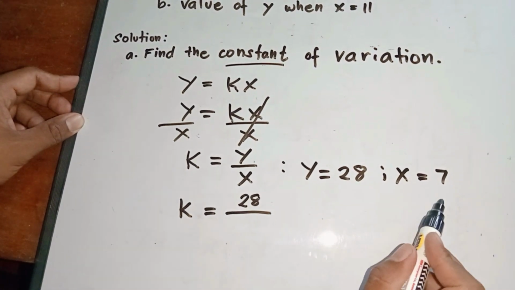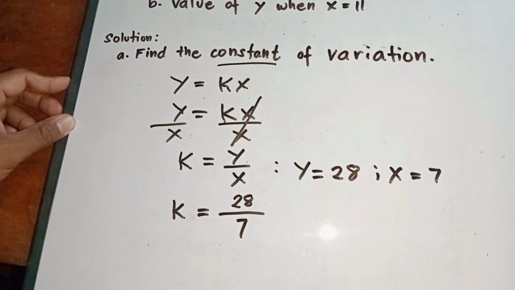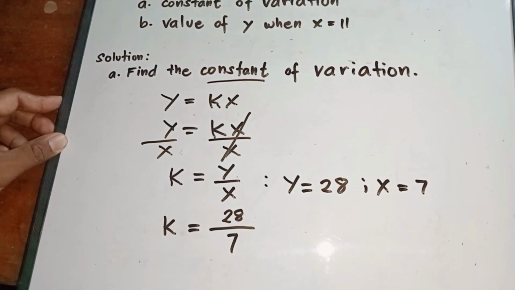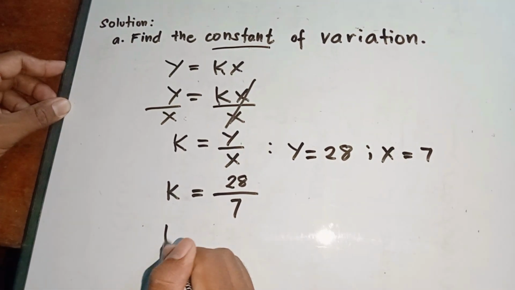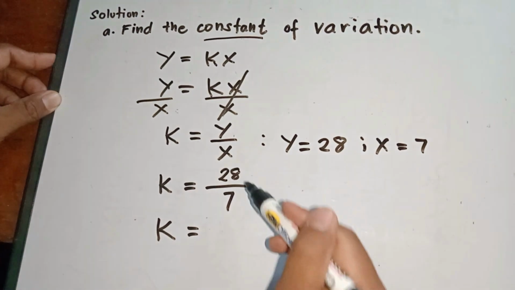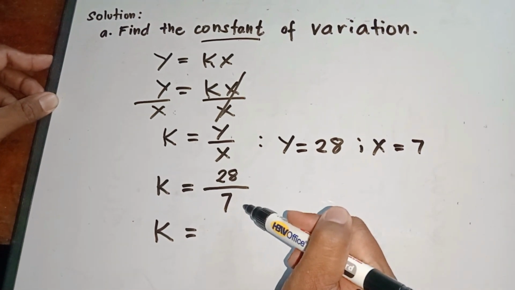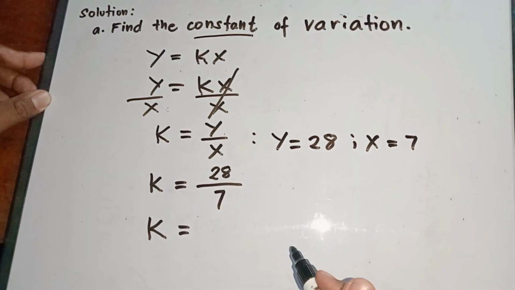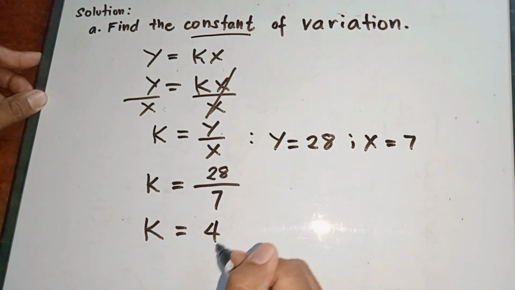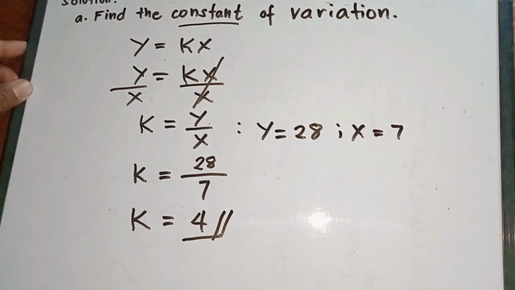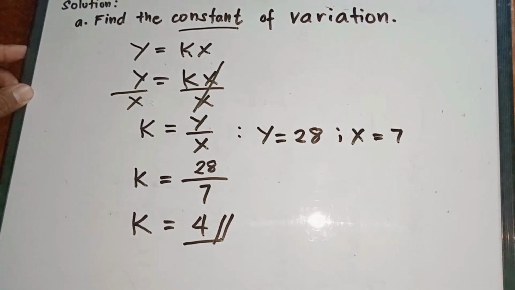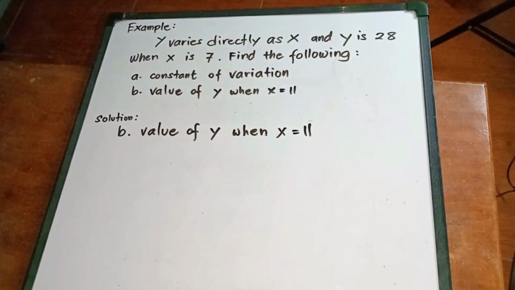Then, yung value ng x natin, so, we have 7. So, nasusundan ba? So, magiging k equals 28 divided by 7 equals 4. So, the constant of variation is equal to 4.